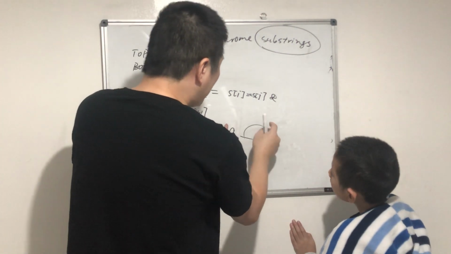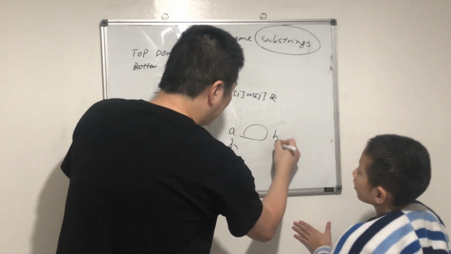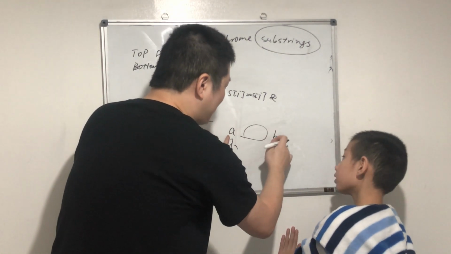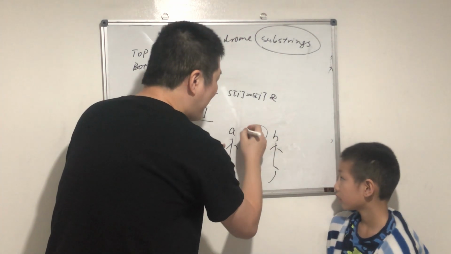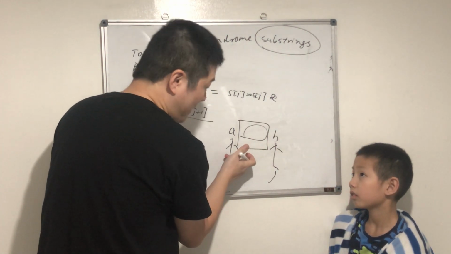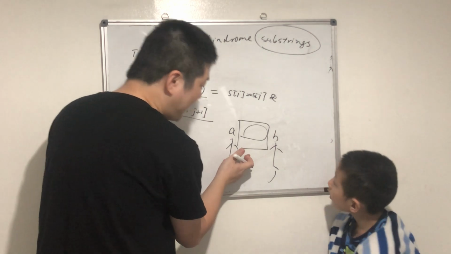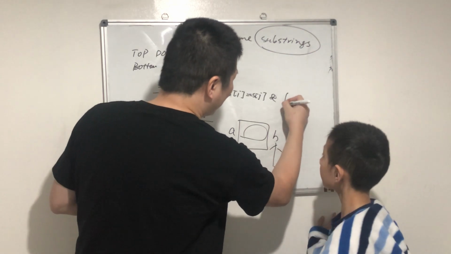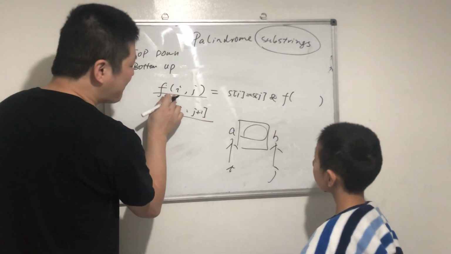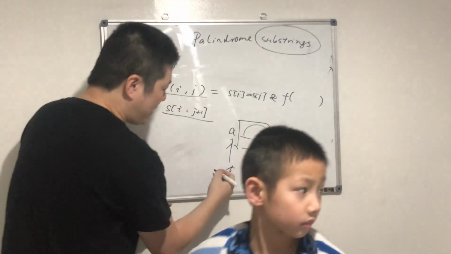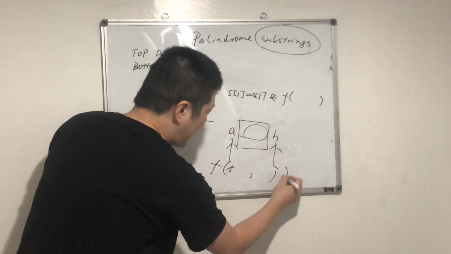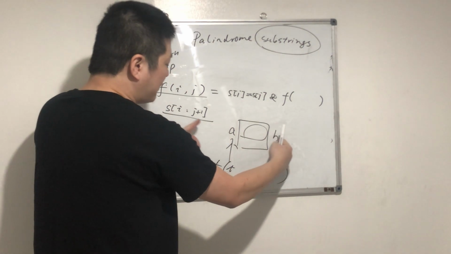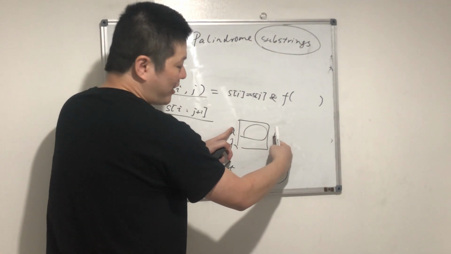This is at index I, this is at index J. It means these two letters must be the same, and the inside should be a palindrome. F(i, j) means the substring between index I and index J is a palindrome or not.